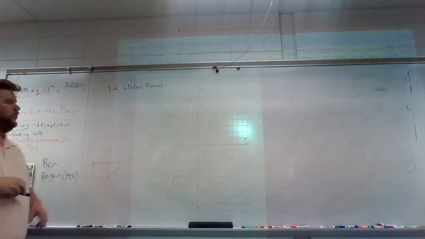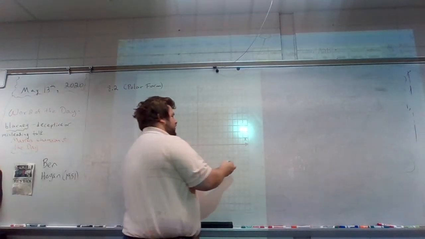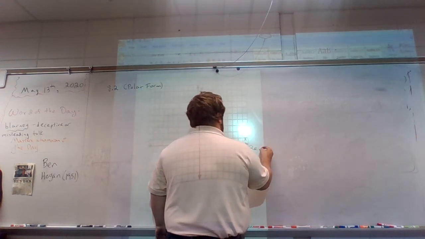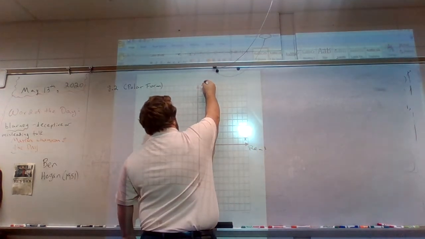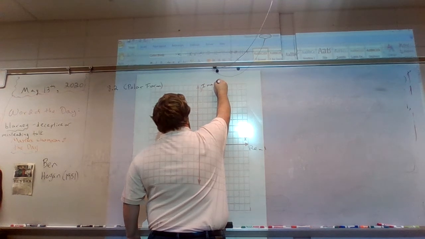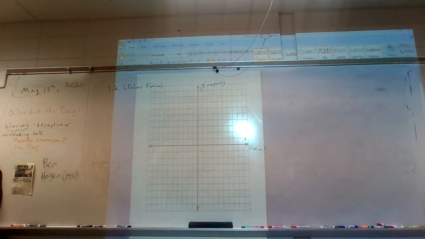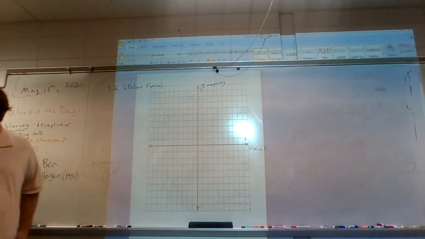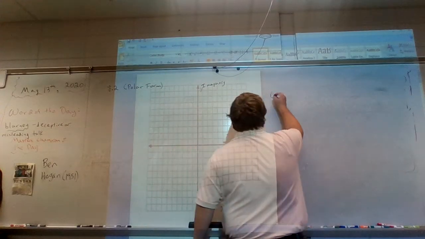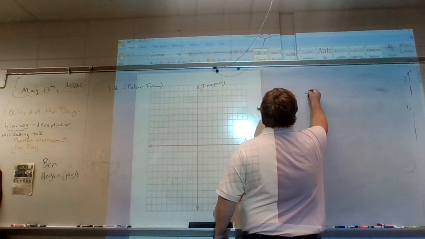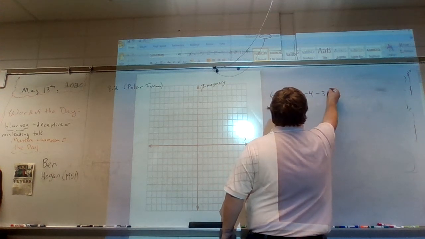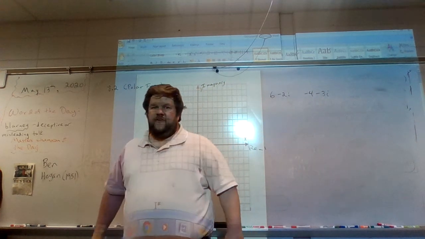Well, I think before you've seen this picture where this is the real axis and this is the imaginary axis. Let's think about 6 minus 2i and -4 minus 3i, and adding those two together.